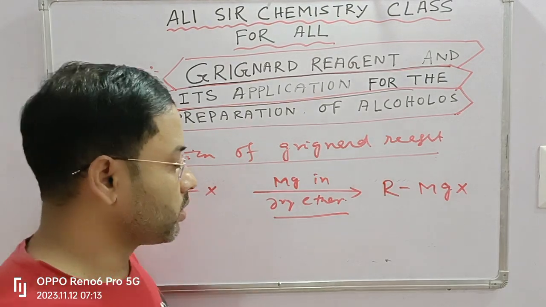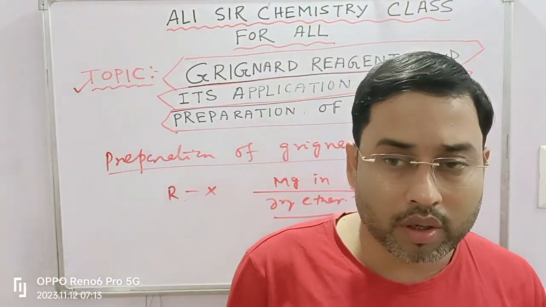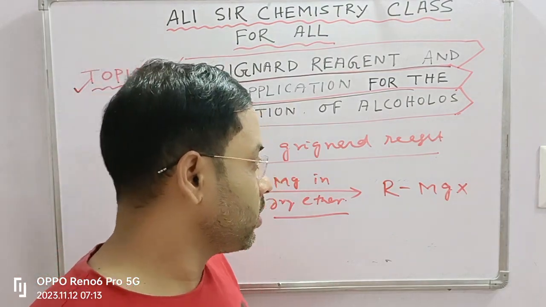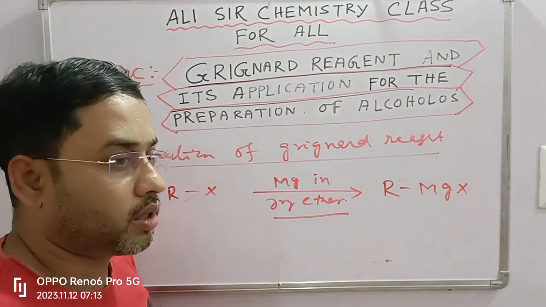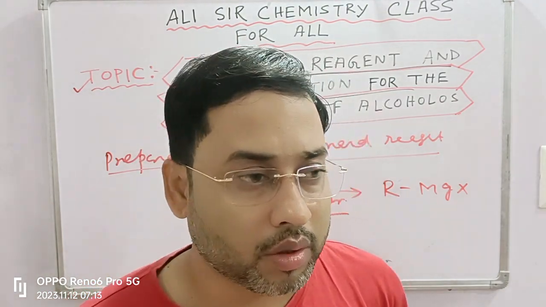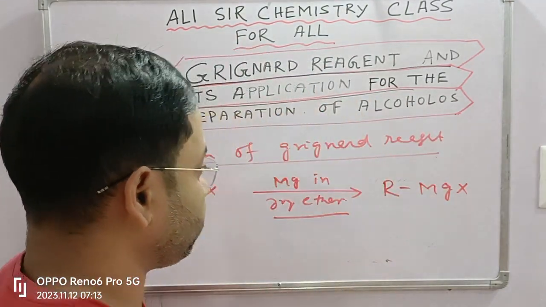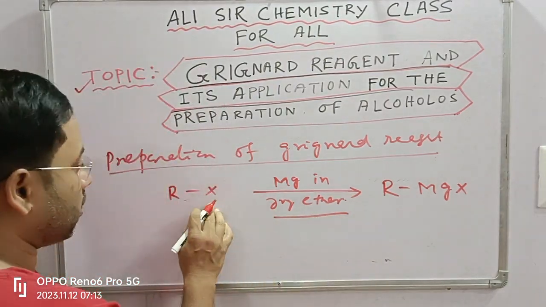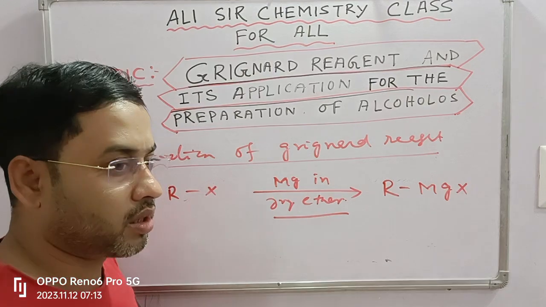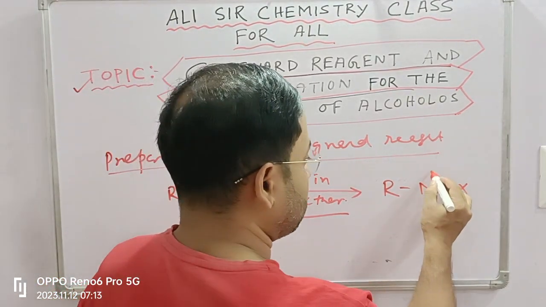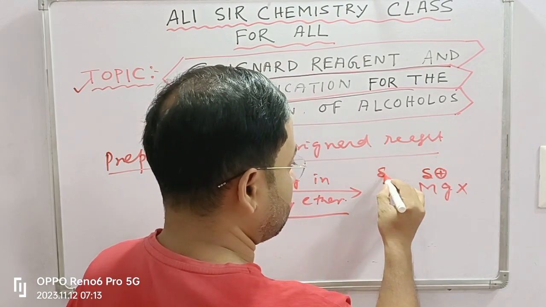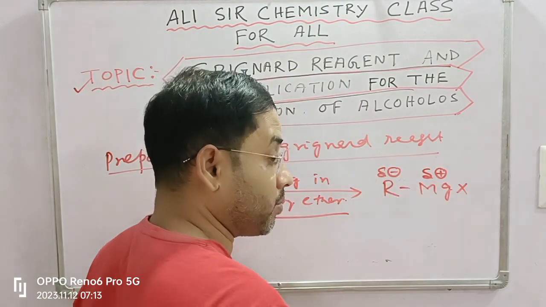So what is the importance of dry ether? If you do not use dry ether, there is a problem. The problem is the Grignard reagent will decompose to alkane if some moisture is present in the solvent. So how is it formed? All of you know here the magnesium is an electropositive element. So in the Grignard reagent it becomes delta positive and the nearest carbon becomes delta negative.